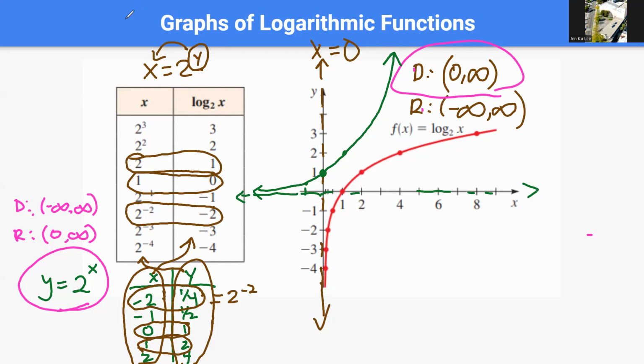But this red graph here, y equals 2 to the x, that's your previous lesson, right? And now we're taking the inverse of it, which is the logarithmic function.